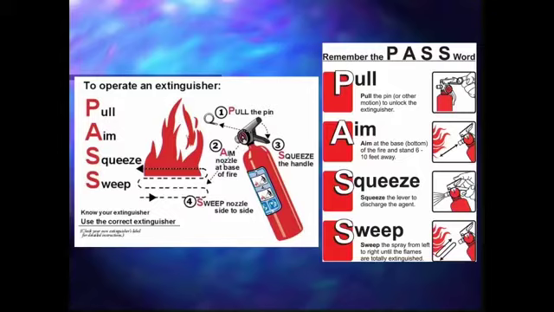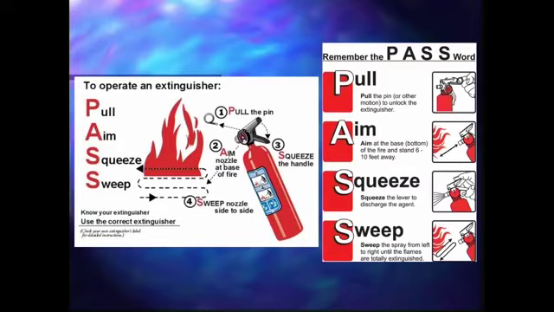Here are some of the graphics that you can see: pull, aim, squeeze, and sweep. But again, you still need to be trained, because the pressure in the fire extinguishers may seem to be low, but it is quite significant. 150 to 170 psi is very high as far as I'm concerned, because you only need 3 psi to break your collarbone.